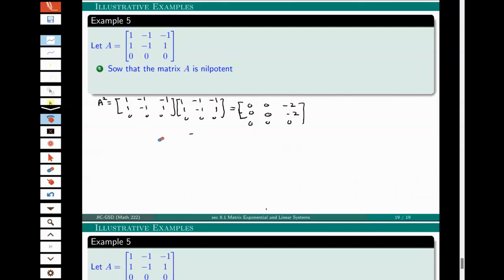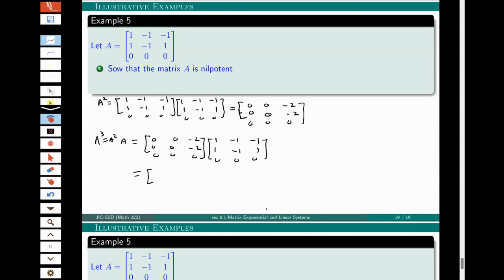Now what is A cubed? A cubed will be A squared times A. So A squared we have 0 0 minus 2, 0 0 minus 2, 0 0 0, times A. A is 1 minus 1 minus 1, 1 minus 1 1, 0 0 0.